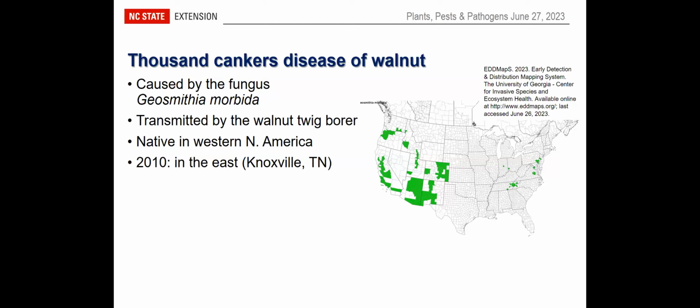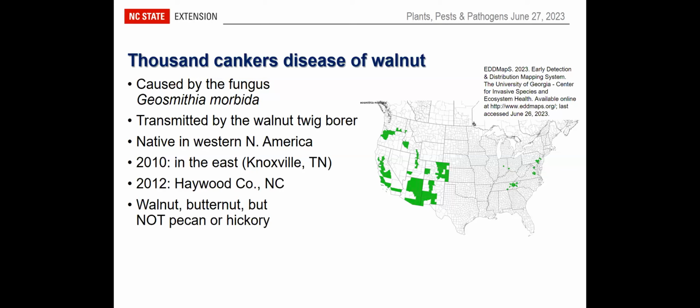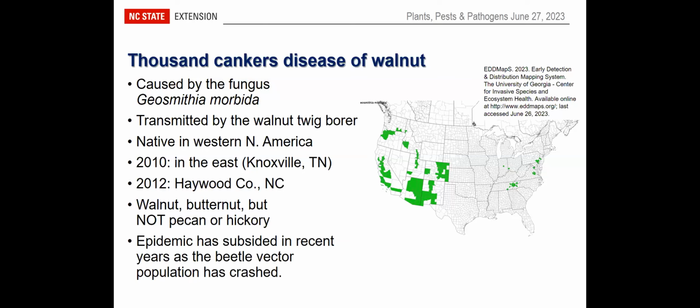It was 2010 when it was found in Knoxville, Tennessee, and there was one find, maybe two finds, in Haywood County, North Carolina. It gets on walnut and bitternut, but not pecan or hickory, fortunately. The epidemic has really subsided in recent years. The population of the beetle vectors crashed, so we haven't seen as much concern about this disease lately. Also, there have been trees that have actually recovered.